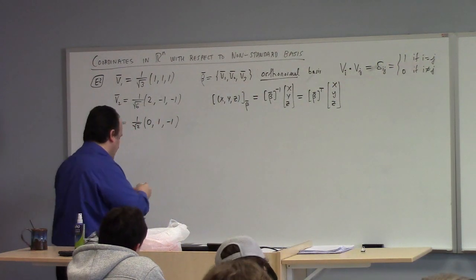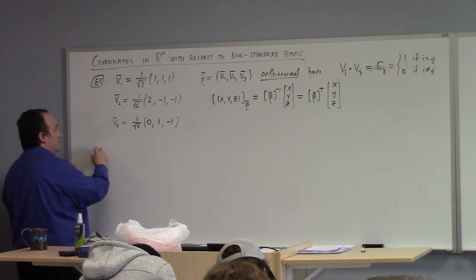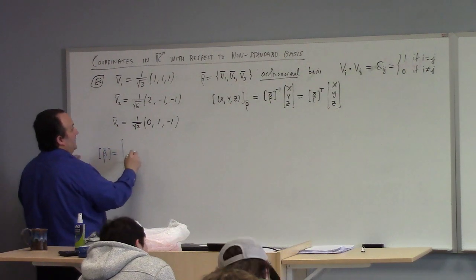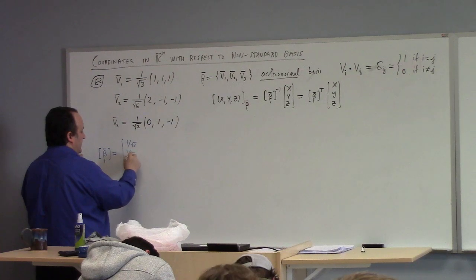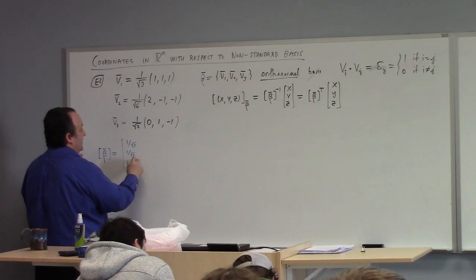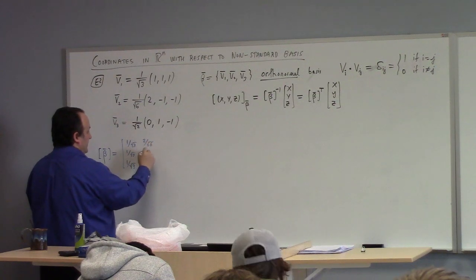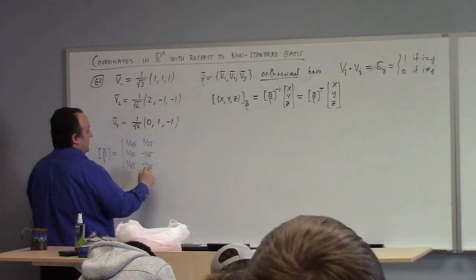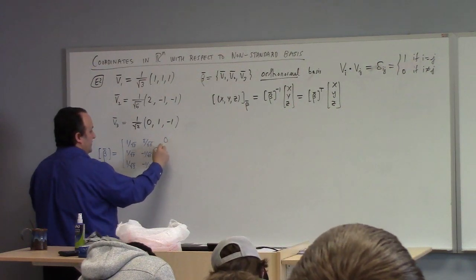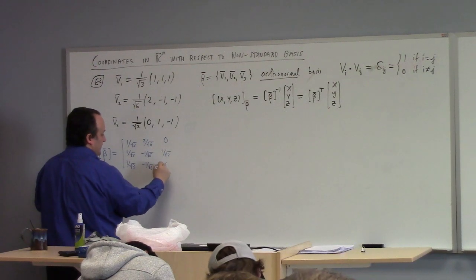Now, you can try me. Let's make sure I'm not selling you a bill of goods here. What is the beta bar matrix equal to? You've got 1 over root 3, 1 over root 3, 1 over root 3 for column 1, 2 over root 6, minus 1 over root 6, minus 1 over root 6 for column 2, and then 0, 1 over root 2, minus 1 over root 2.